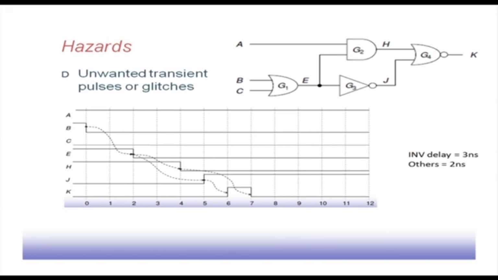This is an example of a hazard. A hazard is an unwanted transient pulse or glitch. In this particular case A, B and C have values 1, 1 and 0. Now suppose B changes from 1 to 0.